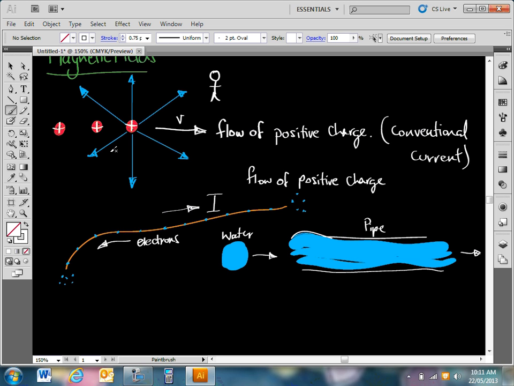They each have an electric field associated with them. And when we see them relative to some observer moving, then they have a magnetic field associated with them also.